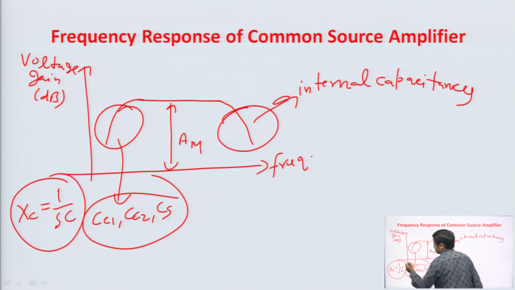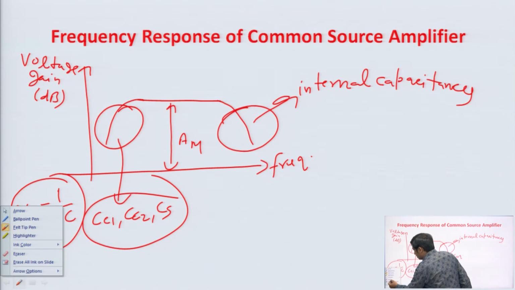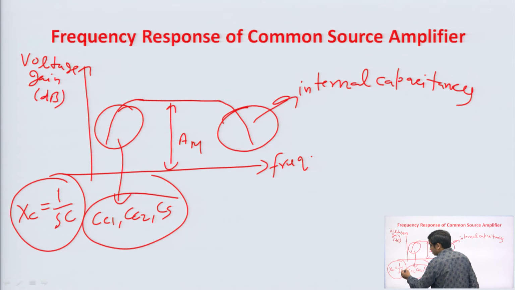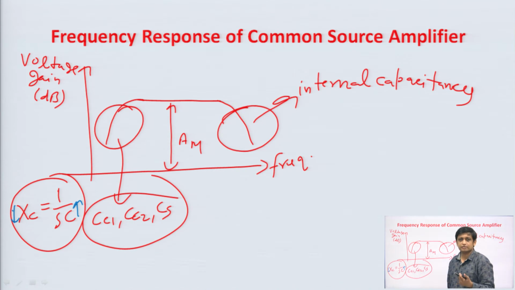Since the values of the coupling capacitors are more, it means that the capacitive reactance will be less. If the reactance is less, then we can say that the coupling capacitor is acting as a short circuit. So, we have assumed that.